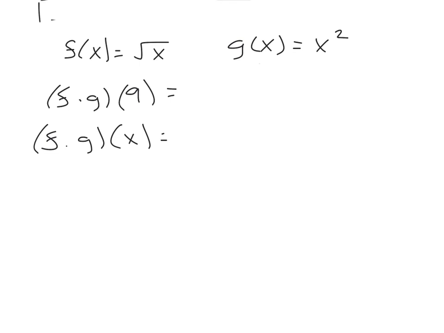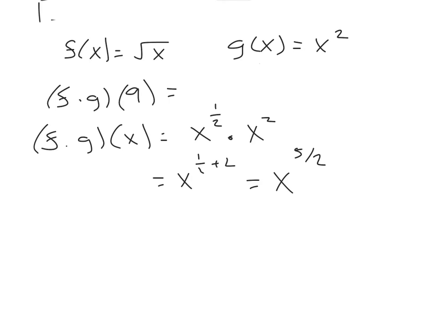So we have the square root of x, and I'm going to change it to x to the 1/2 times x squared. Now the reason for that is because this will allow me to add these exponents a lot easier, because when multiplying you add the exponents. So what this ends up being is x to the 1/2 plus 2. And so when you do 2 plus 1/2, that should give you x to the 5/2, okay?